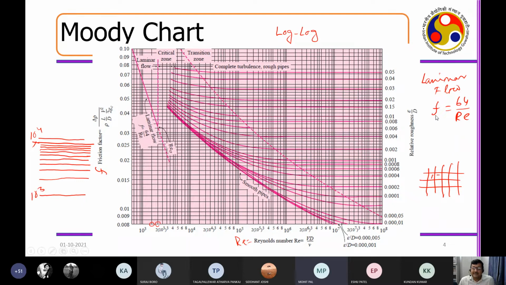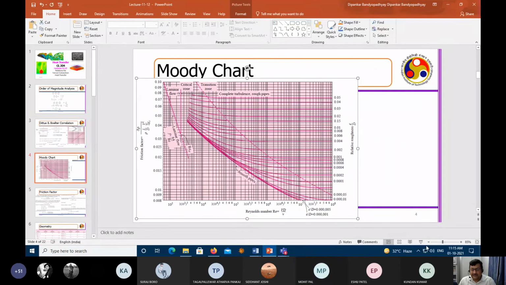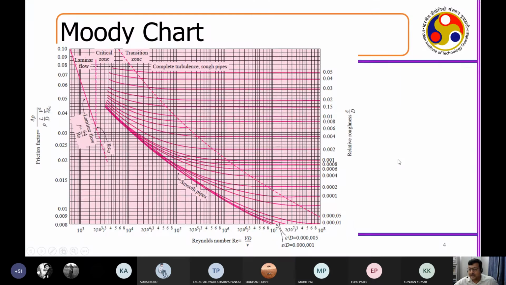Is it a hyperbola only? What type of hyperbola do I expect? If I normally plot in a millimeter scale, F versus Re will look like a rectangular hyperbola, right?